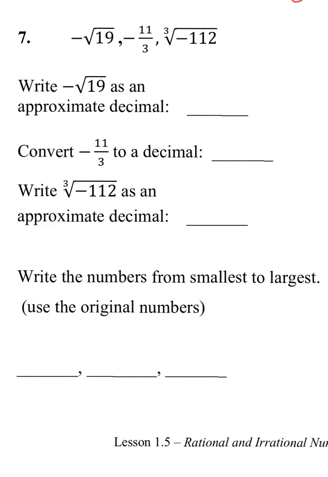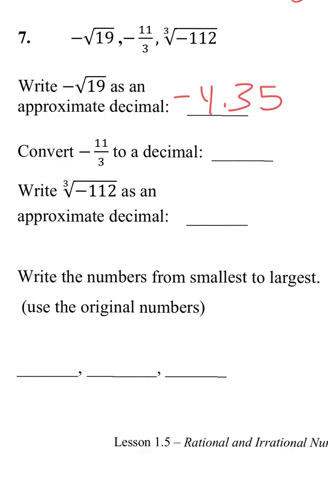On number 7, you have negative square root of 19. Then you have negative 11 thirds. And then you've got the cube root of negative 112. All right, again, use your calculators. So if I find the square root of negative 19, I come up with negative 4.35.